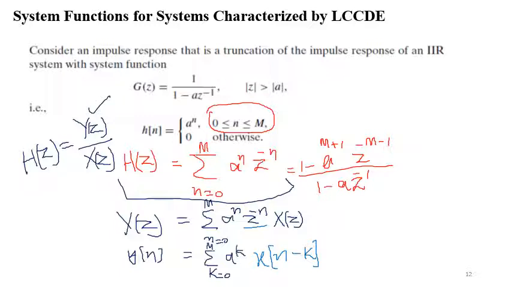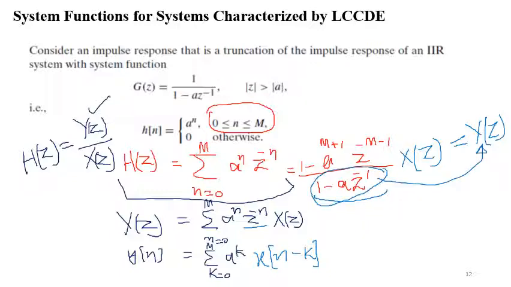We can also use this other part and find the difference equation. So again, you understand this is H of z, so multiplying this with X of z will be equal to Y of z. Because this is numerator over denominator, it is divided on this side; if I bring it to this side, it will be multiplied.